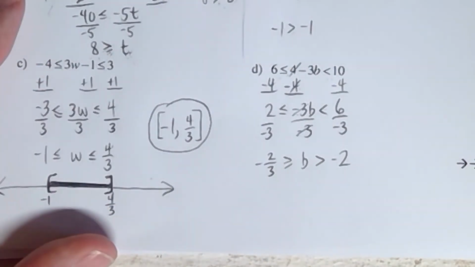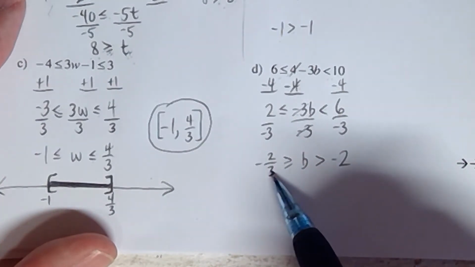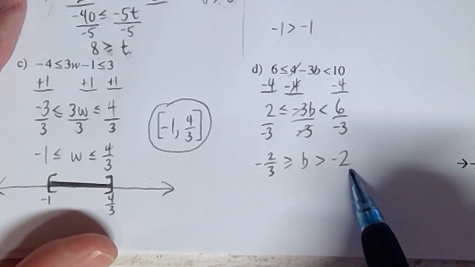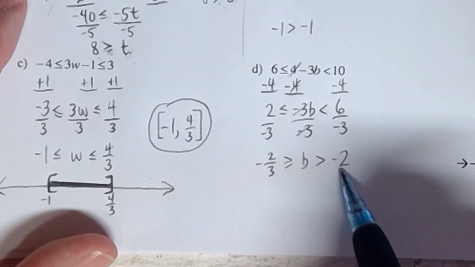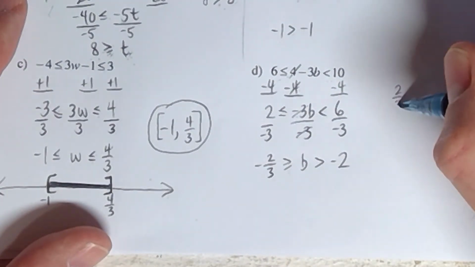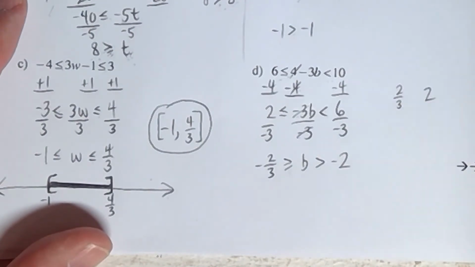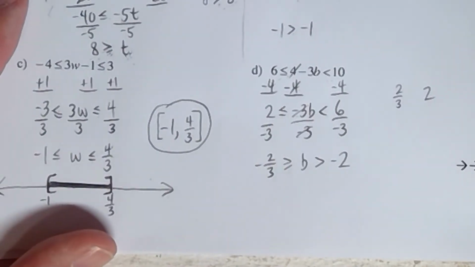Notice once again, though, you guys, that the alligator wants to eat the bigger number. Negative 2/3 is bigger than negative 2, you guys. I know that because 2/3 is smaller than 2. Whenever you take two positive numbers, 2 is bigger than 2/3, right? But if you make them both negative, the opposite thing happens.